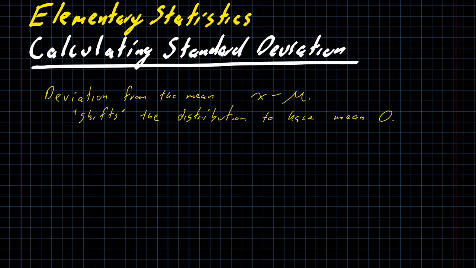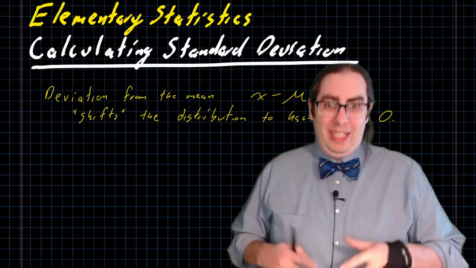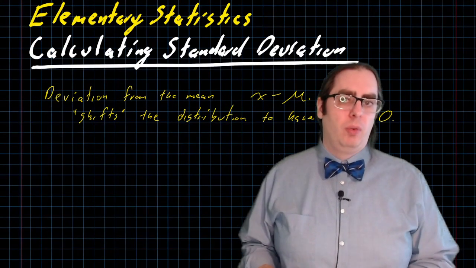And the deviation from the mean can be used in a very straightforward manner because it shifts the distribution so that the distribution has a mean of 0 instead of any other value, which is interesting in its own right. It allows us to do a lot of comparisons between different distributions relatively easily. And it also allows us to do a number of comparisons within a distribution relatively easily.